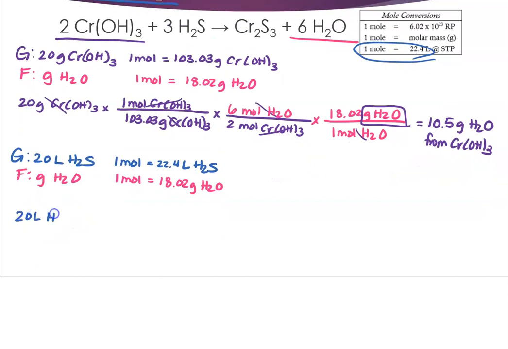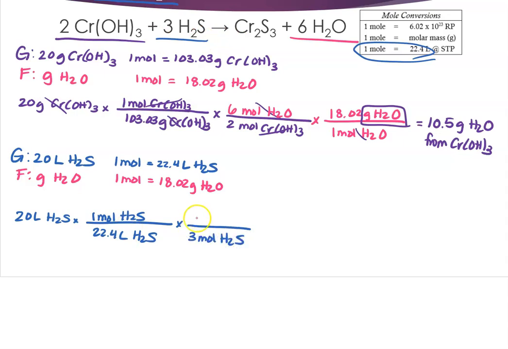20 liters of H2S is what we're given. So we get rid of liters by putting 22.4 liters in the denominator, and that's going to be 1 mole. And then I look at my equation. There's 3 moles of H2S, put that on the bottom, and there's still 6 moles of H2O.